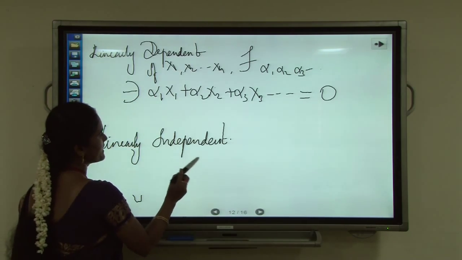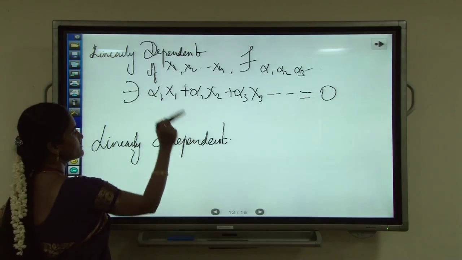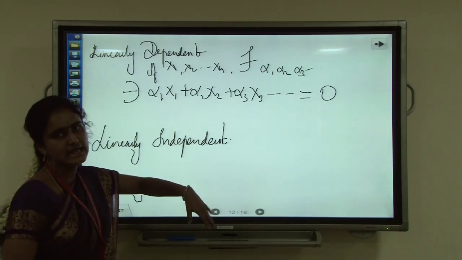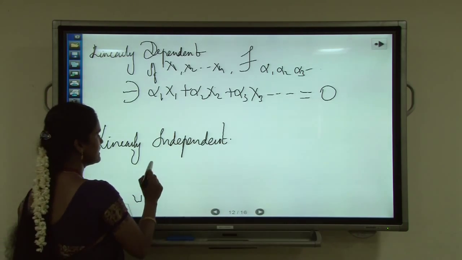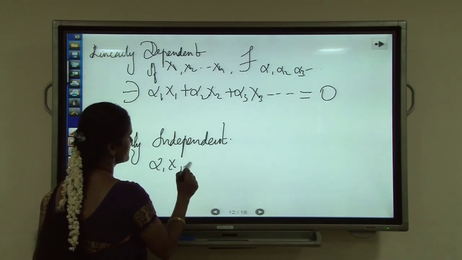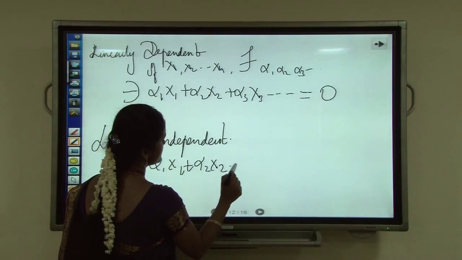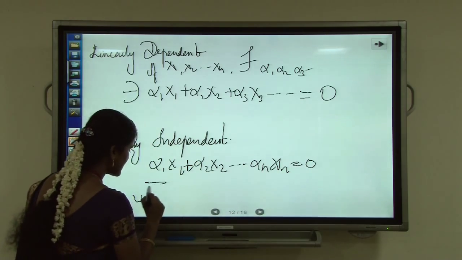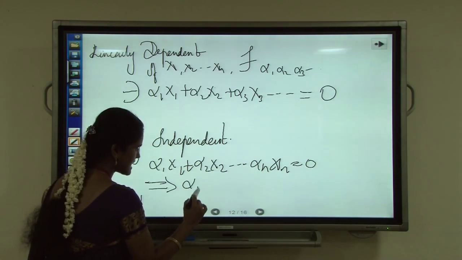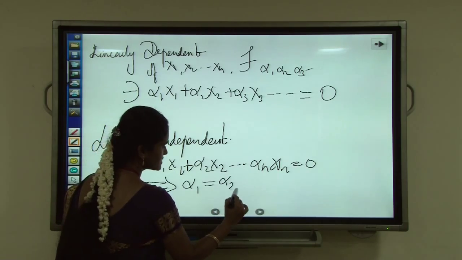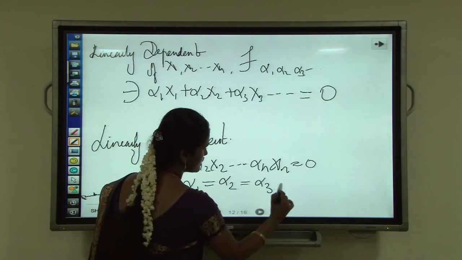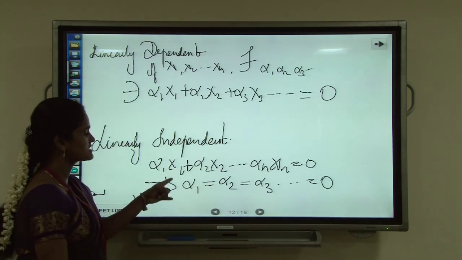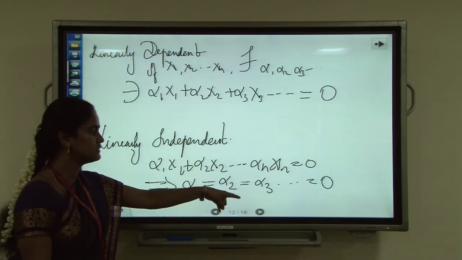For linearly independent, you can tell from the word itself: dependent here, independent there. If it is not dependent, then we finally land on independent vectors. Here alpha 1 x1 plus alpha 2 x2 plus etc. up to alpha n xn equal to 0 implies that alpha 1 equals alpha 2 equals alpha 3 equals 0, where the alpha scalars are all equal to 0.